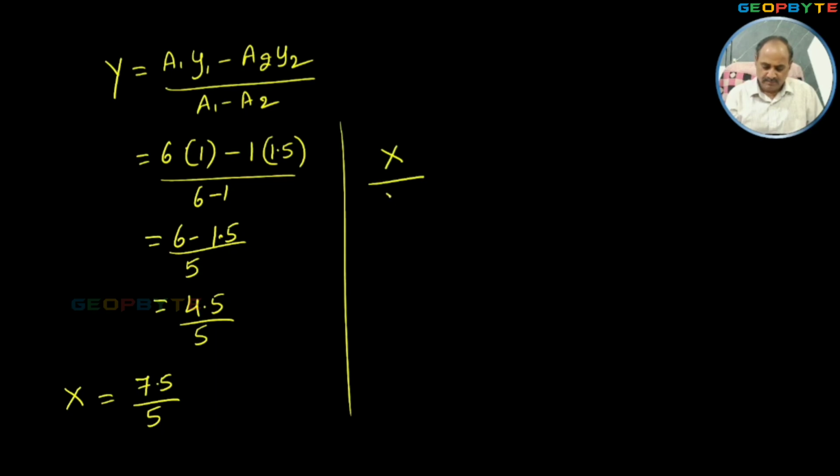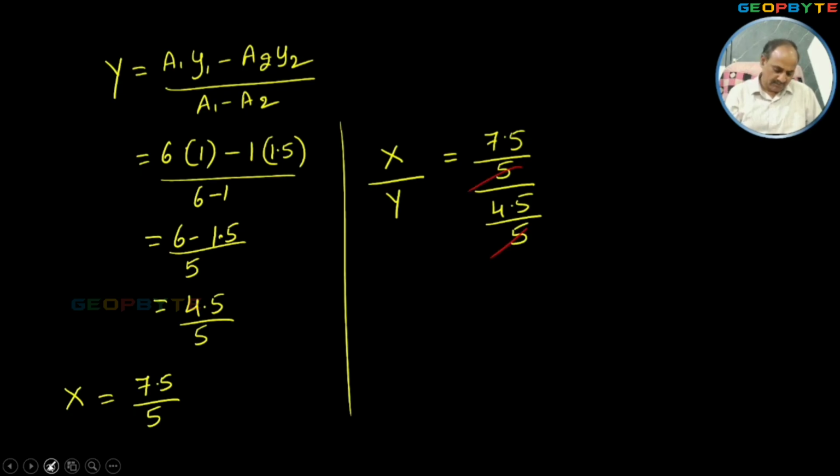Therefore, x by y equals 7.5 divided by 5 divided by the y value, 4.5 divided by 5. The 5 cancels. Finally, it is equal to 7.5 divided by 4.5.